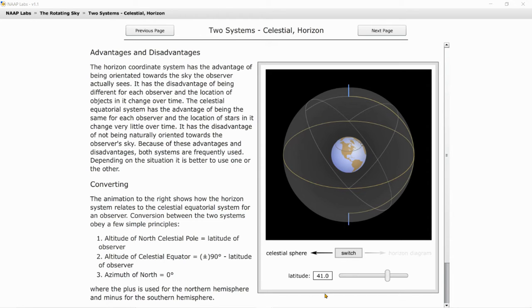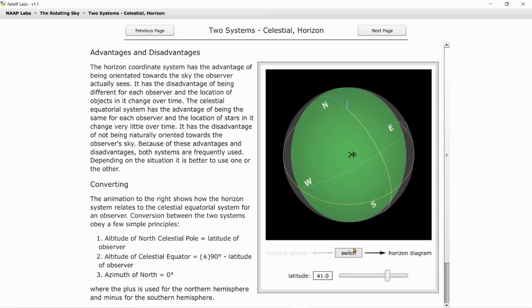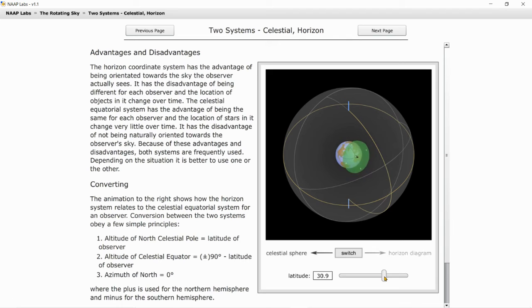They're set at 41. Here's our little latitude line. If I move this, you see your zenith is going to change. I'm going to set this back at 41 now.